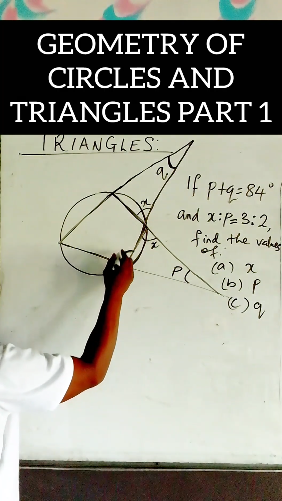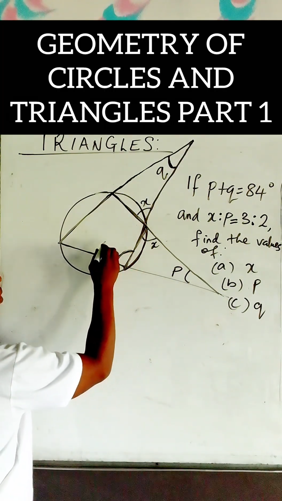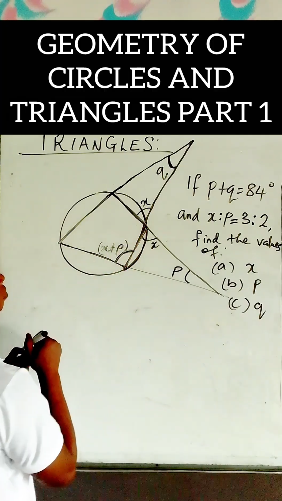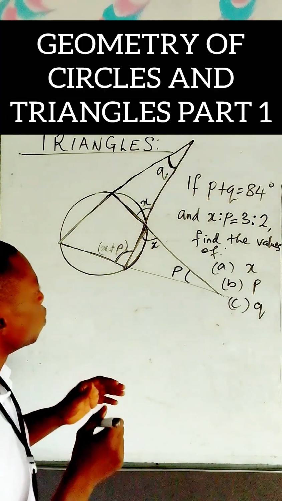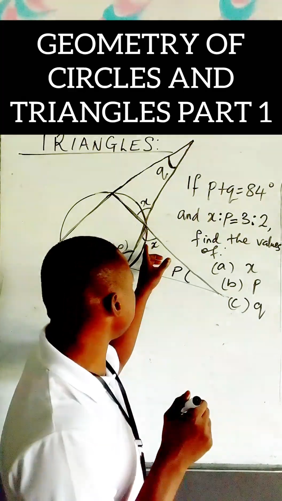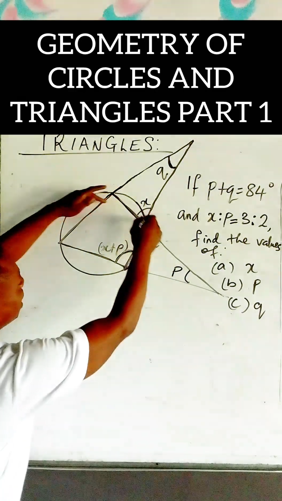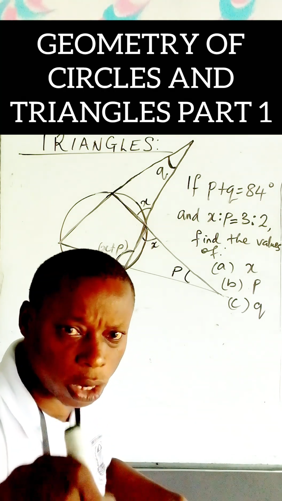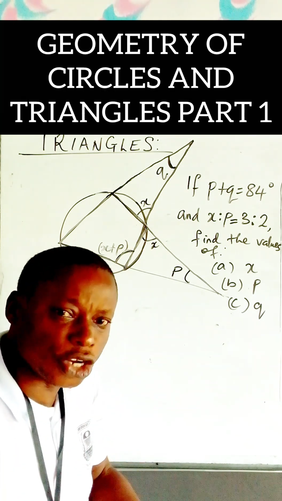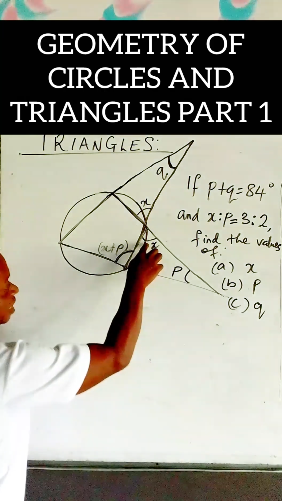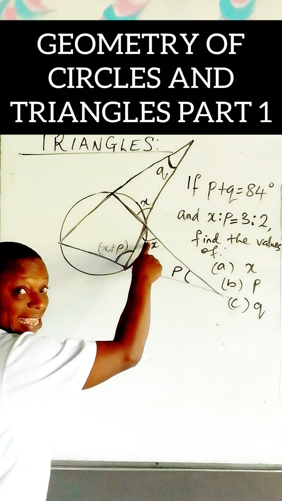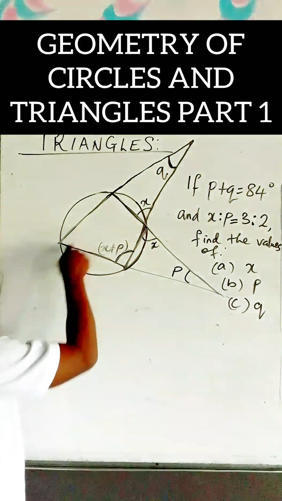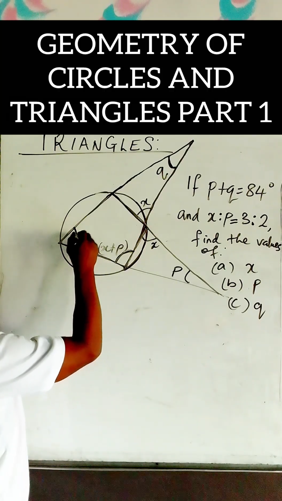So we are going to call this angle X plus P. Then also the exterior angle of a cyclic quadrilateral equals the interior opposite angle. So that angle here is also x.